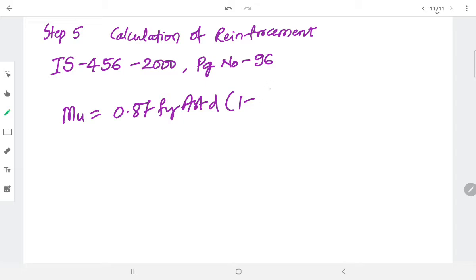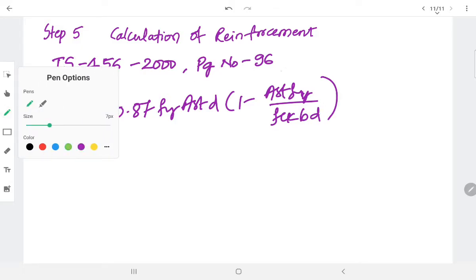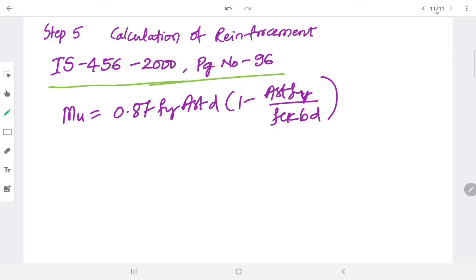You can check this in IS 456 page 96. This equation is used for singly reinforced beams, when you are going to calculate the value of AST.